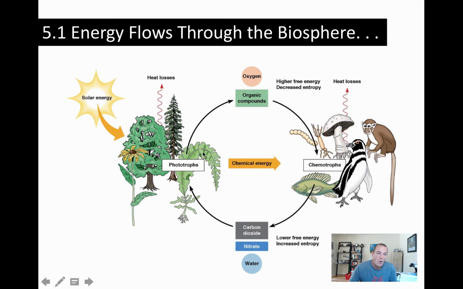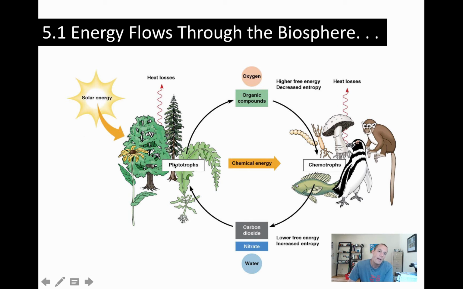Then the organic compounds produced by the phototrophs, up here, those organic compounds and that oxygen produced by photosynthesis and by the breakdown of the photoautotrophs in the ecosystem, we find the chemotrophs using that material. They take in the reduced compounds and oxidize them to release energy. And again, no process is 100% efficient, so again there is heat loss.